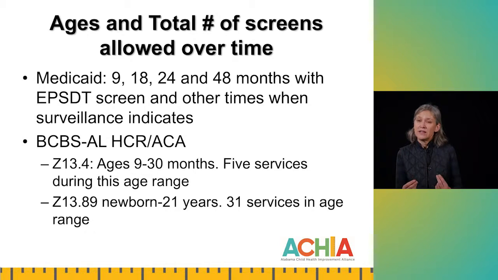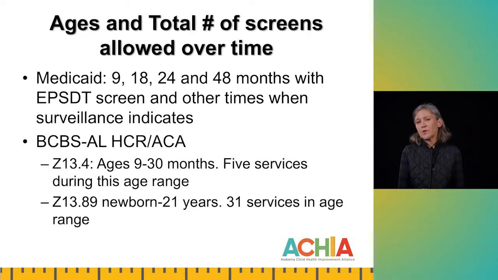And then a slightly different thing that you need to be aware of is there are specific ages where you can administer these tools, and the total number of tools over the patient's lifetime may vary by payer. So for Medicaid, you can bill for these tools at the 9, 18, 24, and 48 month EPSDT screen, but also at other times, if your surveillance raises a concern for a developmental delay or for autism.